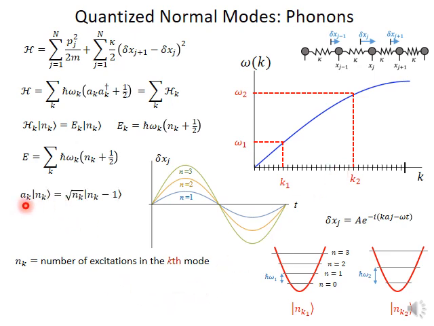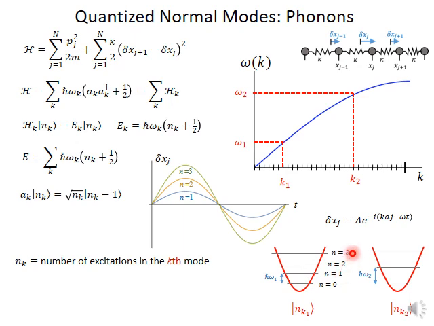So the role of those operators, ak, which is the lowering operator for the kth mode, would be that if you act on a certain eigenvector nk, you would get an eigenvector of lower energy, lower by a difference of n equals 1.